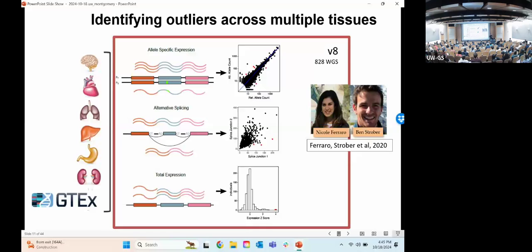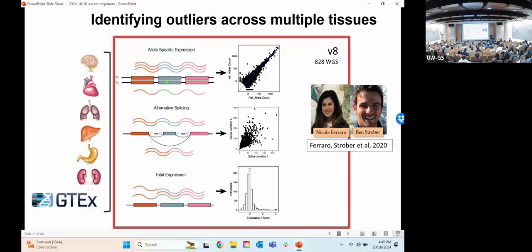And there are different molecular phenotypes we can extract from RNA-seq data that's present in GTEx. We can obviously look at the simplest one at the bottom here, total expression, and try and identify people that are outliers. This bottom here is showing just a measure of the Z-score and someone being highly overexpressed. We also get splicing information.